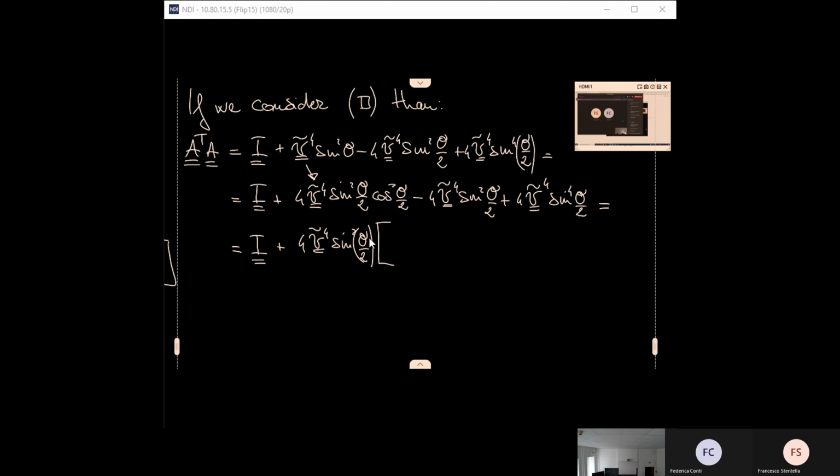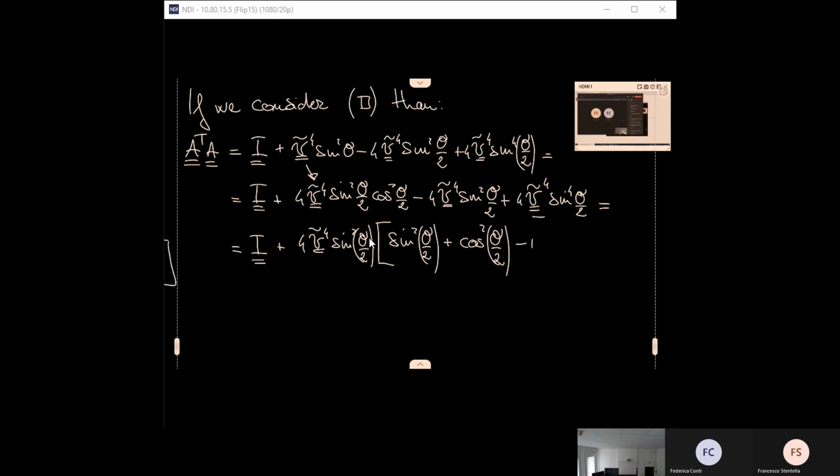So we have sine squared of theta divided by 2, then I take this one here, and then I have plus cosine squared of theta divided by 2, and then I have a minus 1.